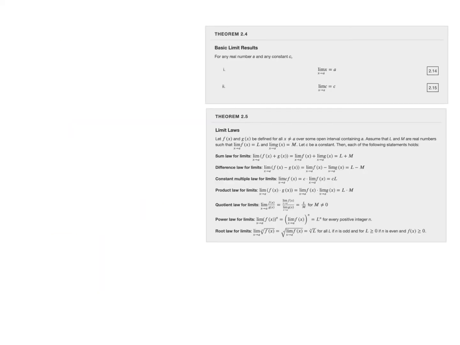Let's look at a quick example. Suppose we had the limit as x approaches 2 of 2x squared plus 3x plus 1. In order to do this problem, let's look at the sum law for limits, which tells us that if we have the limit as x approaches a of f of x plus g of x, the sum of two functions, we can split those up, take the limits separately, and then add those limits together.